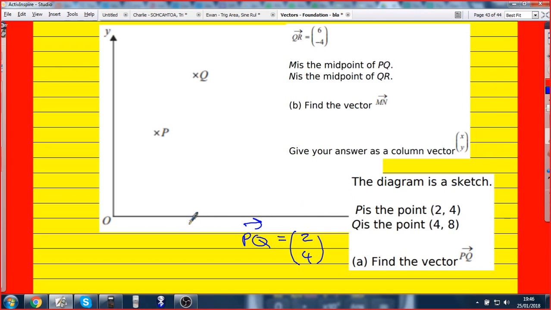As a coordinate, what would it be? The coordinate 2, 4, it'd be across 1, up 2. So that would be as a vector. Or you could start from P and go across 1 and up 2.